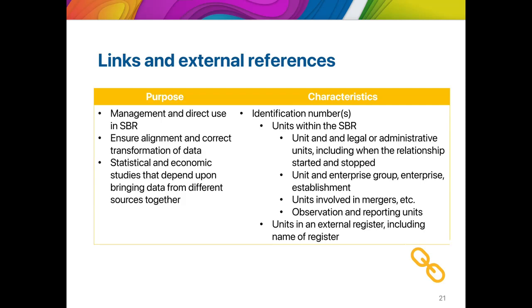Lastly, for linking characteristics or attributes, these can be used within the SBR to properly align, match, or aggregate data from different data sources. This can be identification numbers to match units within the SBR and or external registers.